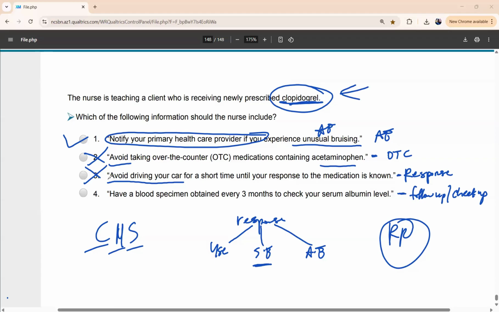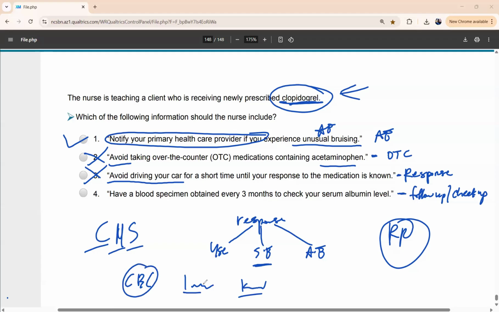Now look at the last one. It's saying you should check your blood specimen obtained. Yeah, we want to have a blood specimen obtained for checkup related to most medication, but the common ones are your CBC, liver, kidney, right?